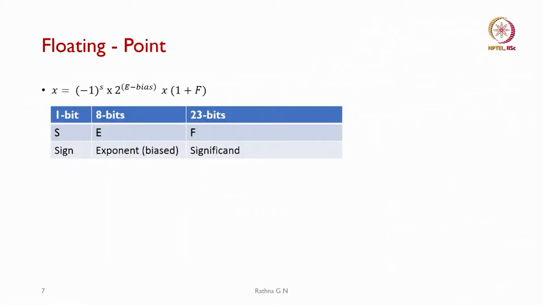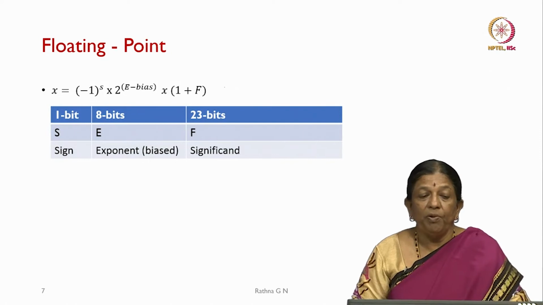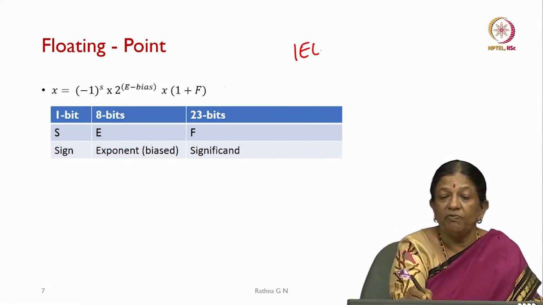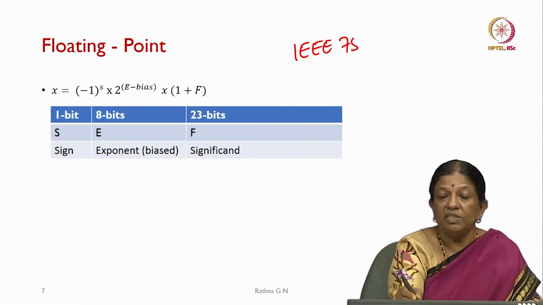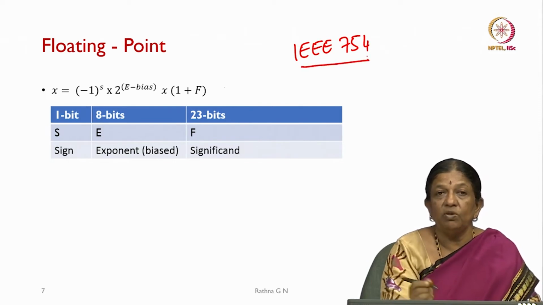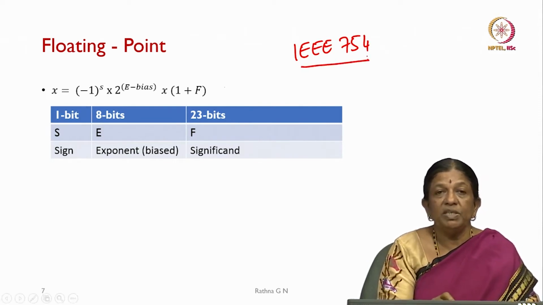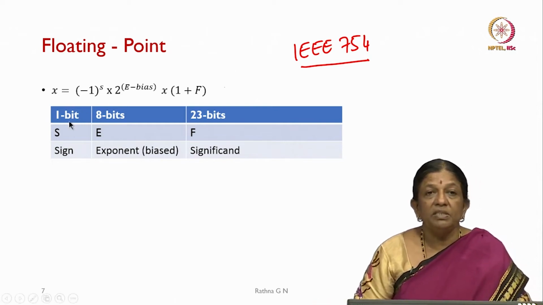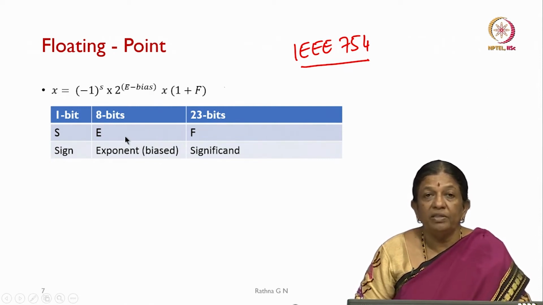Okay. Then we went on to compare with the floating point number system. We said that we will be using the IEEE 754 format, which is the standard one everybody uses. The 32-bit representation is shown here. You will have 1 sign bit, then the exponent is represented with 8 bits, which we said is biased, and then the fraction is 23 bits.